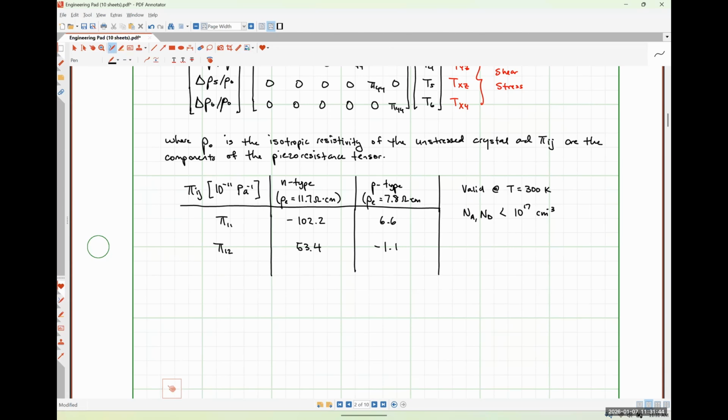And then lastly, for pi44, we'll have negative 13.6 for n-type and positive 138.1 for p-type. Okay.